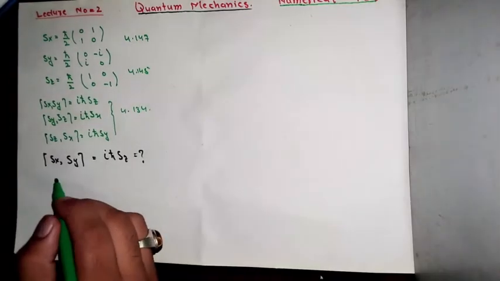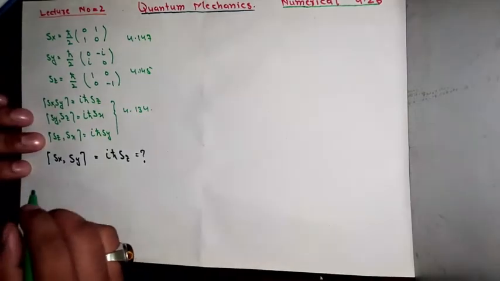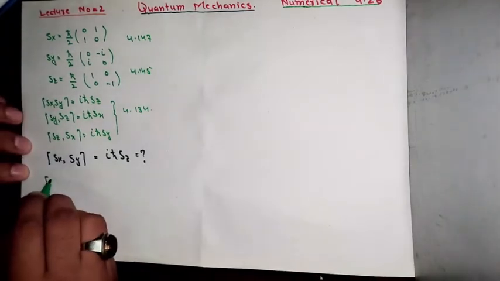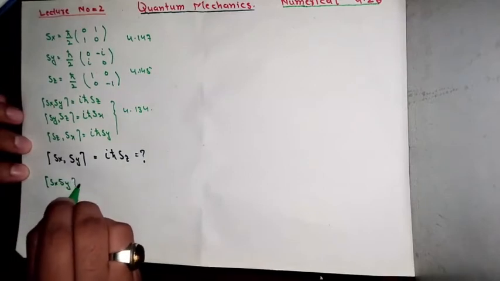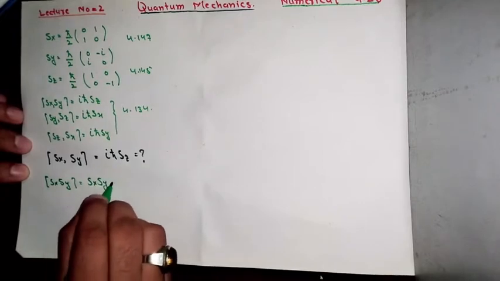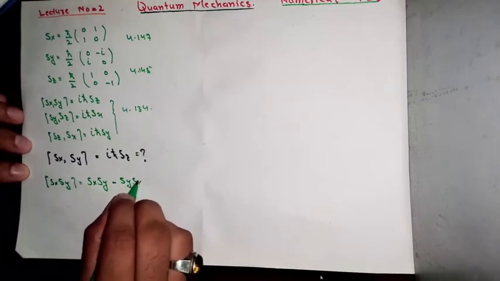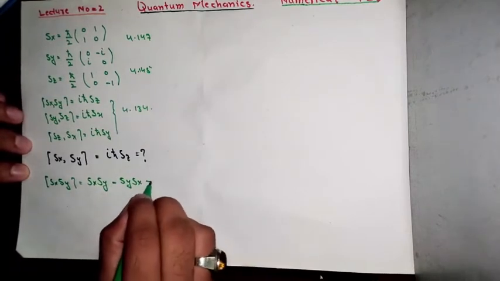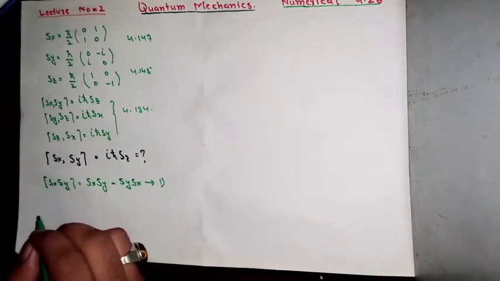So I am putting the values of Sx and Sy in this equation. After that we have the equation that the commutator of Sx and Sy is equal to Sx Sy minus Sy Sx. Let's suppose I number this equation one.